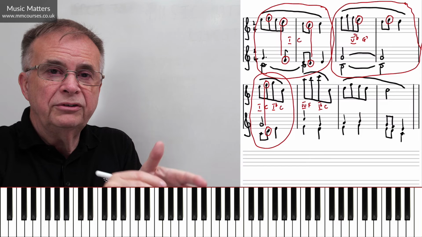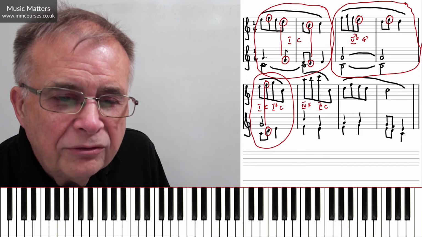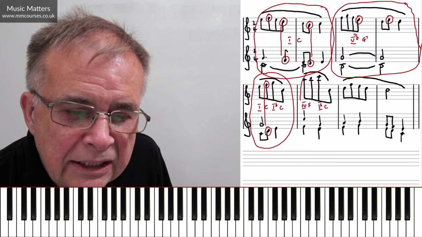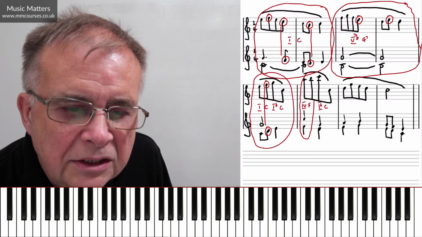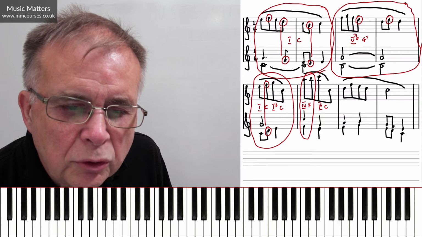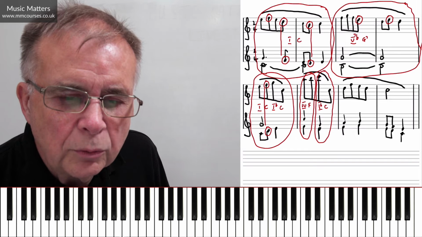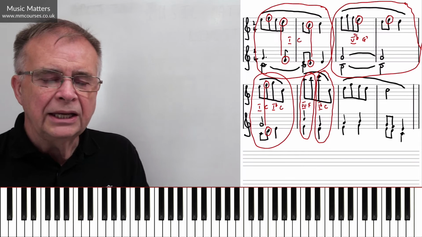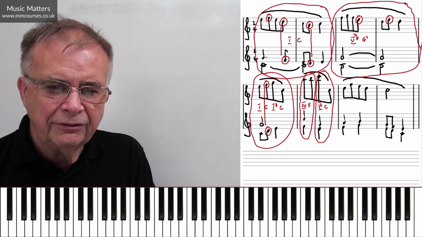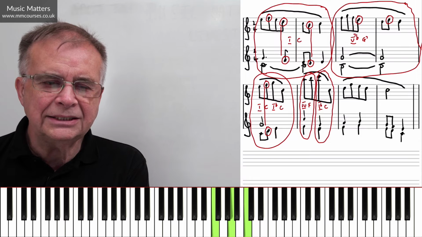Then we have 1 chord for a single measure. Now we've got 2 chords going on in the same measure or the same bar. So these circles I'm drawing are just trying to help us see the harmonic rhythm, the speed at which the chords change.